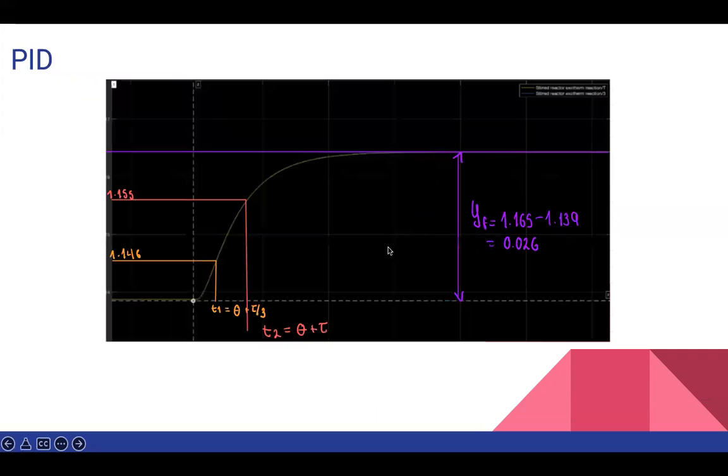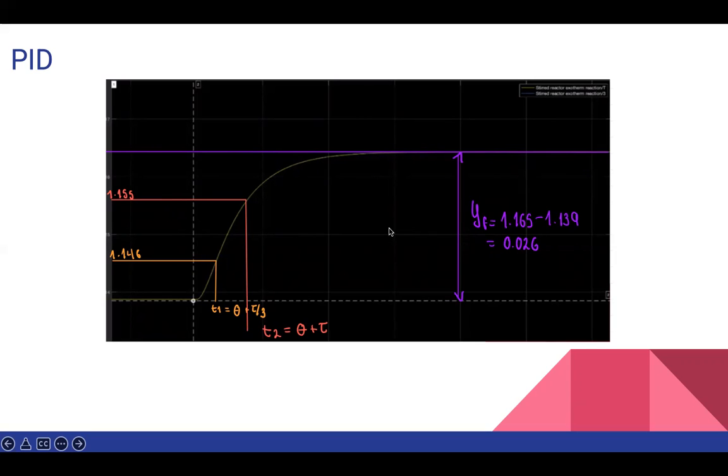To fit a PID controller, we took the first order response of the system and obtained the values of the delay, the time constant, and K. The values were obtained reading 1.165, this purple line, and 1.39, this other line. We subtract them and obtain GF.